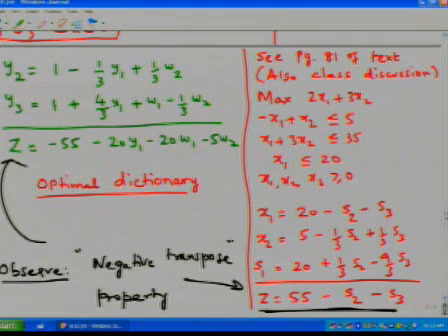Let's separate the A matrix into the columns corresponding to the basic variables and the columns corresponding to the non-basic variables. So I'm going to let A be partitioned into B and N. These are the columns of basic variables, and these are the columns of non-basic variables.